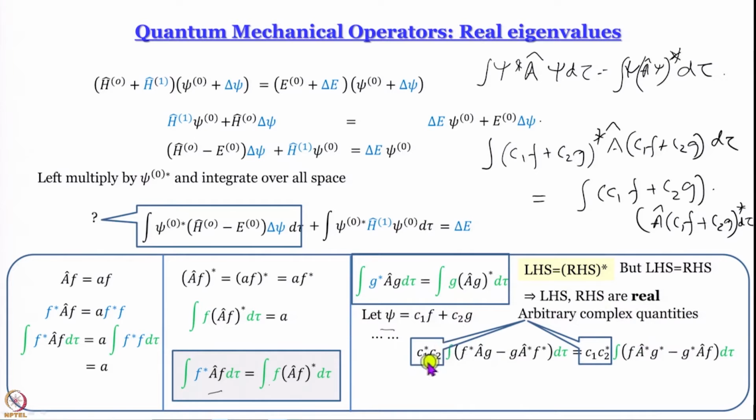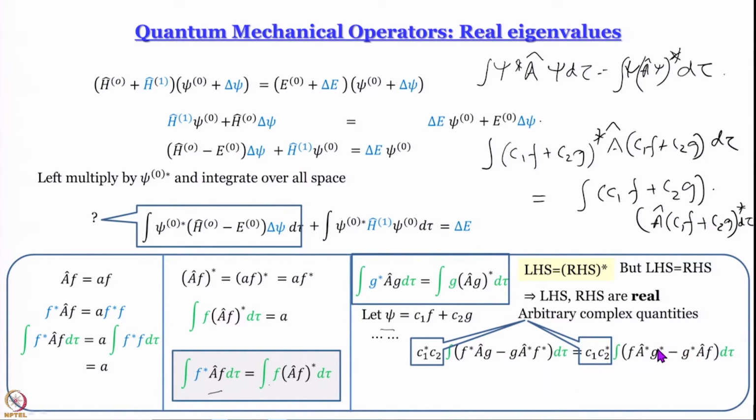In the left hand side, C1 star C2 we said in the general case has to be complex, which means that the integral either has to be its complex conjugate, because the product of the integral and C1 star C2 is real. So, either the integral has to be complex conjugate of C1 star C2, but if that is the case, once again generality is lost, that is a specific case. We do not want to talk about specific cases, we want to see if there is something that is absolutely general. Similarly, on the right hand side also the same thing will happen.